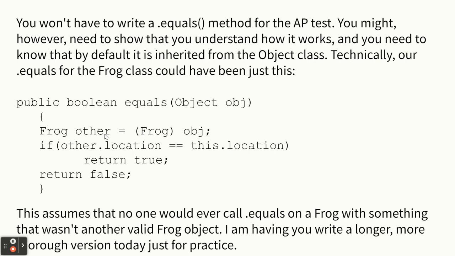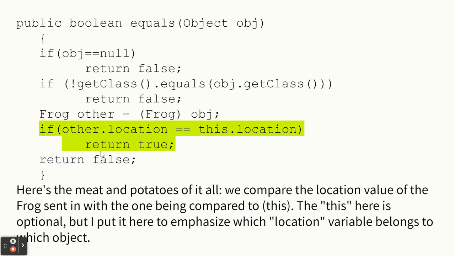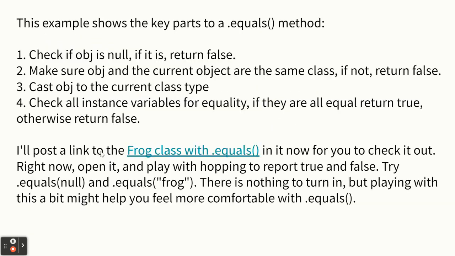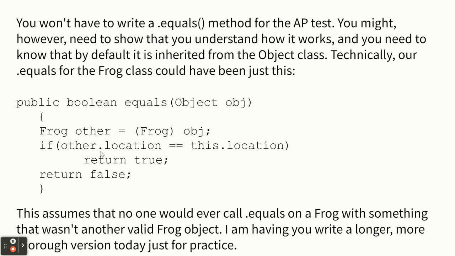Make sure you're doing what I ask, because the absolute minimum is public boolean equals object obj, cast it to be a frog, check that the instance variables are the same, return true or false. So this assumes no one would call a frog dot equals with null or with a piece of text or with a number, which is fair. But today I want you to write the full Cadillac version, with all the checks, and you have the slide deck to help you with it.